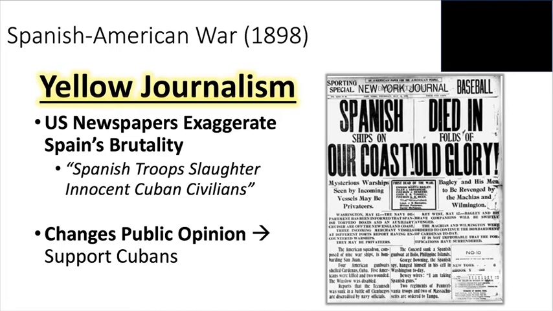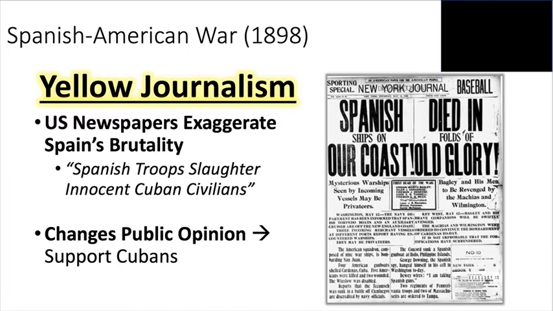As you can see, the U.S. newspapers made Spain look like complete evil monsters. So examples of headlines would be things like "Spanish troops slaughter innocent Cuban civilians," really taking these very biased headlines. You can see on the right, there's another example: "Spanish ships on our coast.